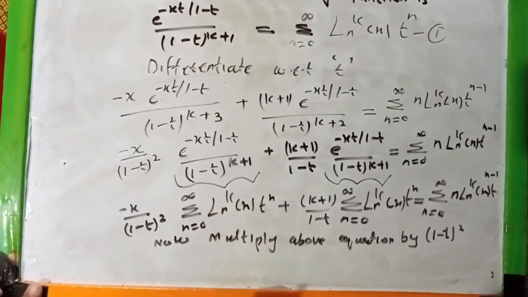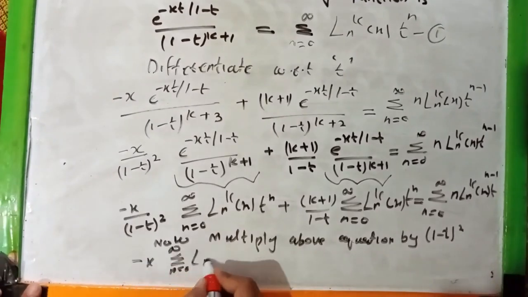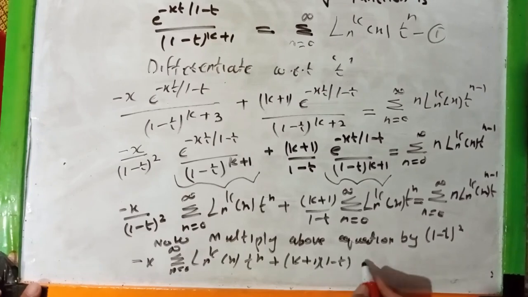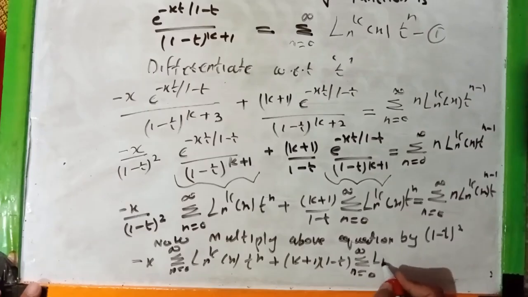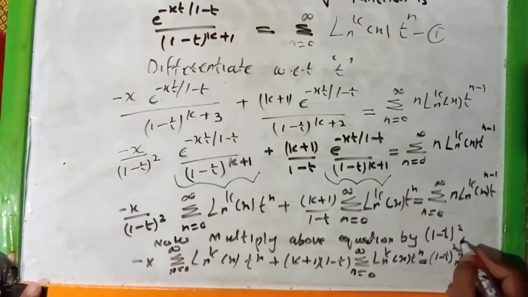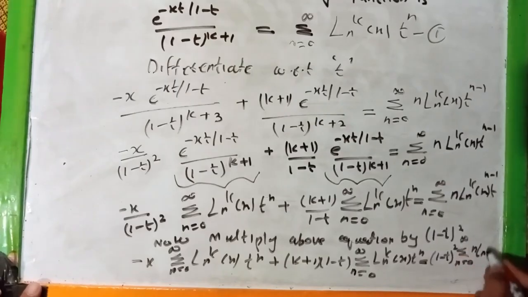So this becomes minus x summation n is equal to 0 to infinity L_n^k of x t raised to power n, plus k plus 1 multiplied by 1 minus t summation n is equal to 0 to infinity L_n^k of x t raised to power n, is equal to 1 minus t square summation n is equal to 0 to infinity n L_n^k of x t raised to power n minus 1.